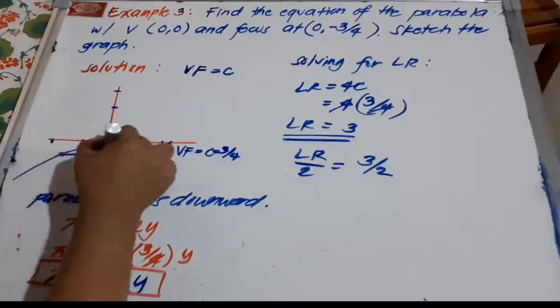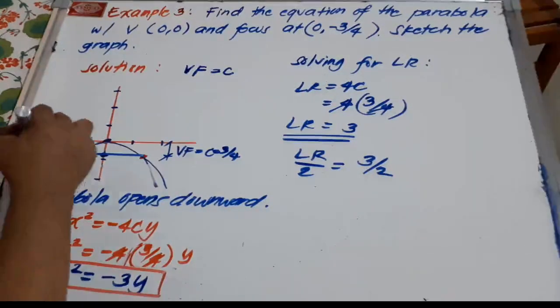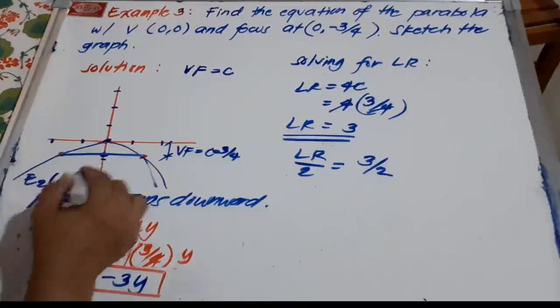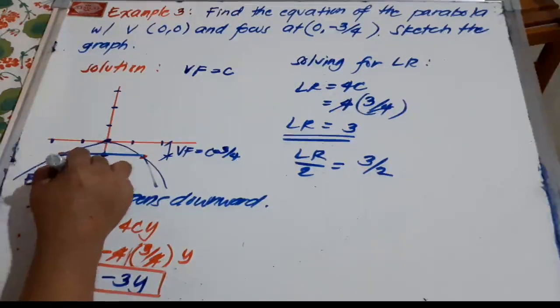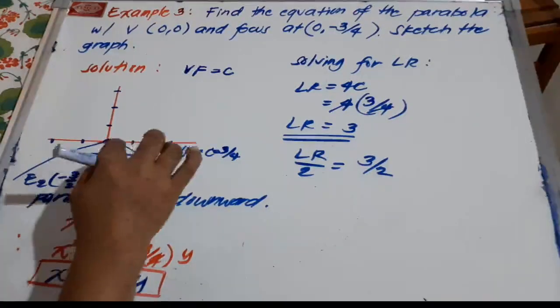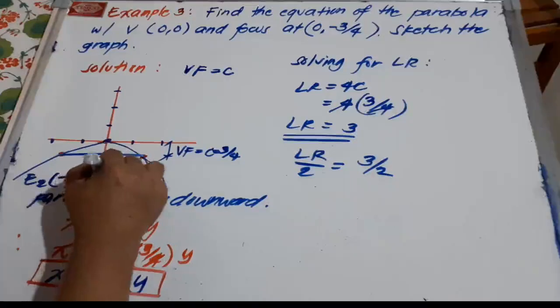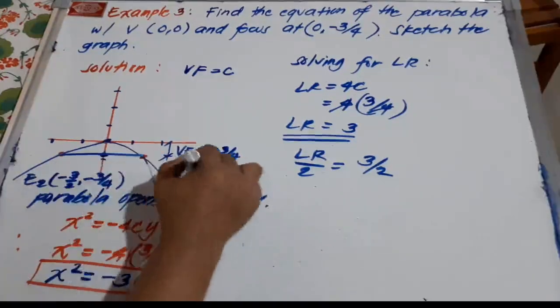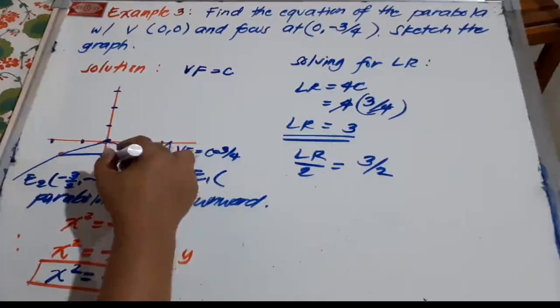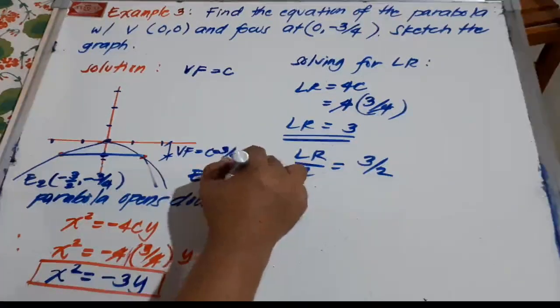Ito yung ating latus rectum. Ang endpoints ng ating latus rectum is up to here. That will be negative 3 halves, comma, then the vertical distance is negative 3/4. Itong kabila naman is sub 1. Horizontal distance is 3 halves, positive.